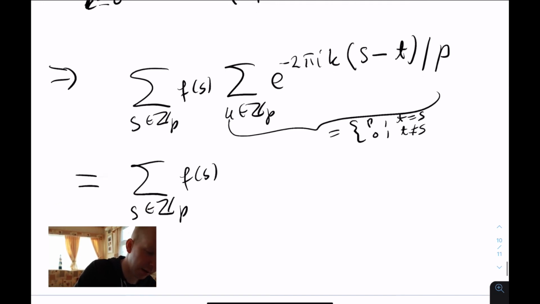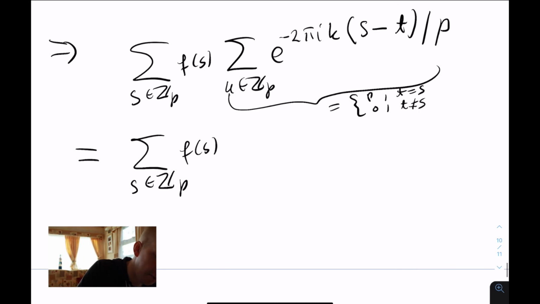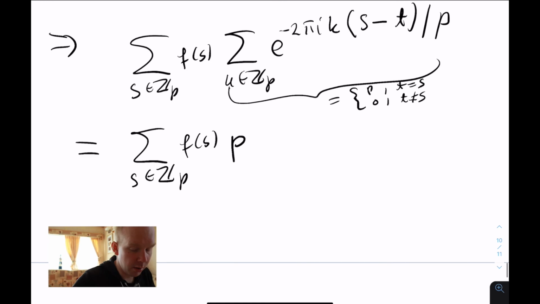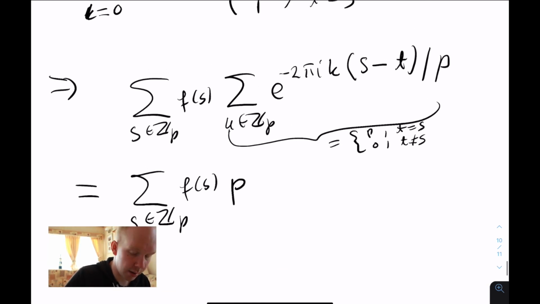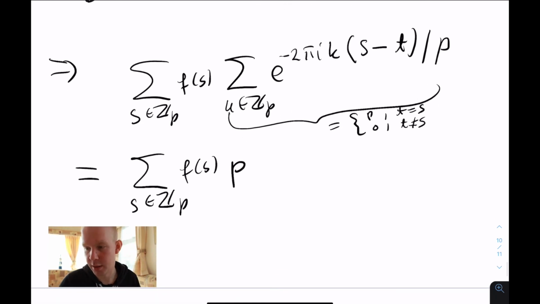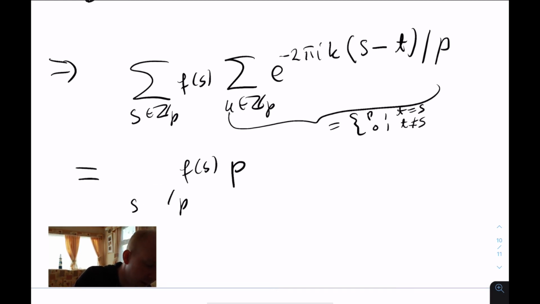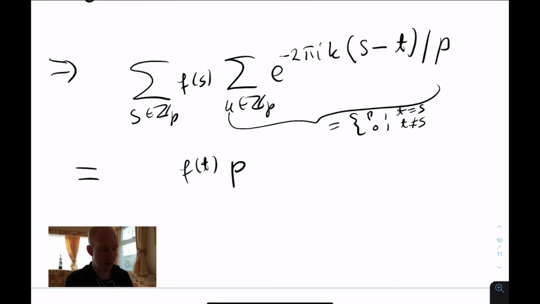So we just get that this is equal to p when it's equal to s. So the only possible choice that you have here is that t is equal to s, and otherwise this is equal to 0. So the only thing that remains here is f of t. That's the only possibility that remains.